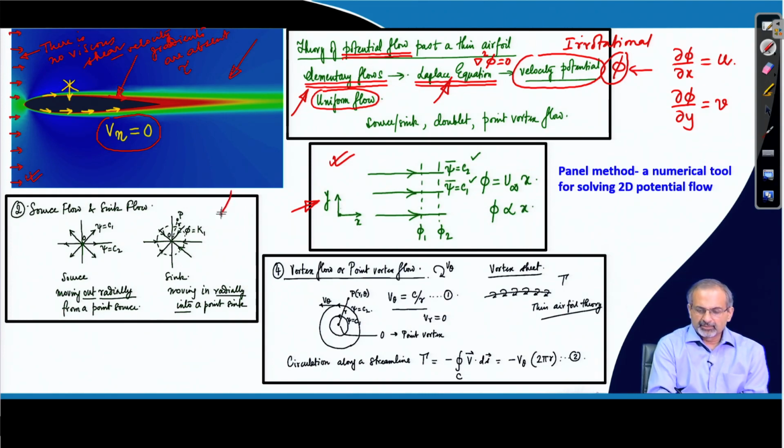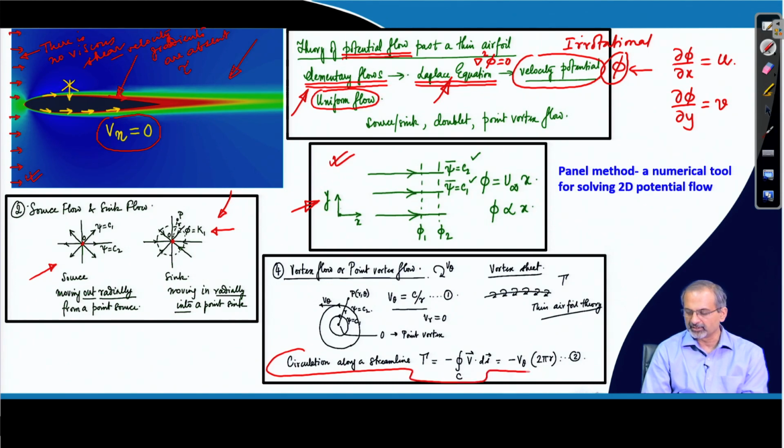What about other elementary flows? We learned about source flow and sink flow. So, we learned about the stream function expressions or the phi for such flows, and then we learned about the point vortex flow or vortex flow, and for the first time we saw the presence of circulation.